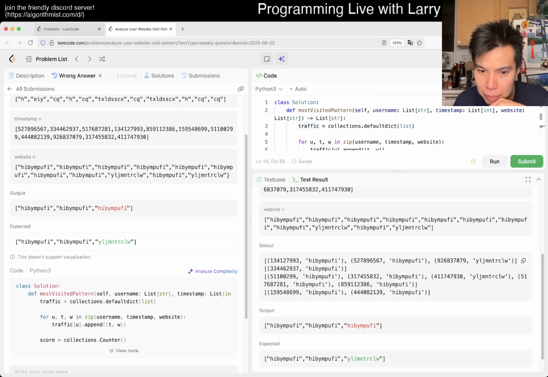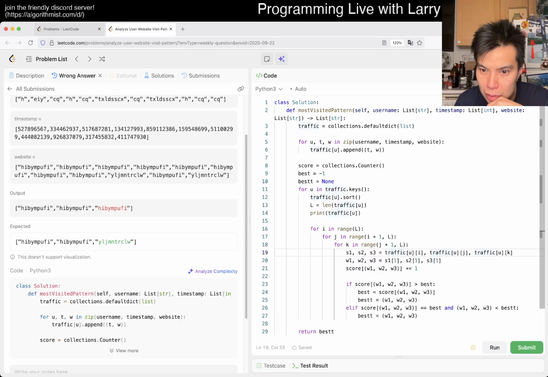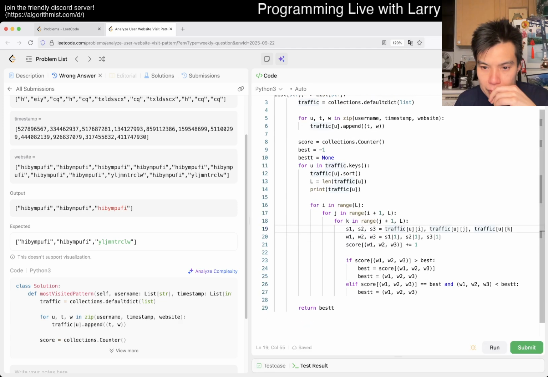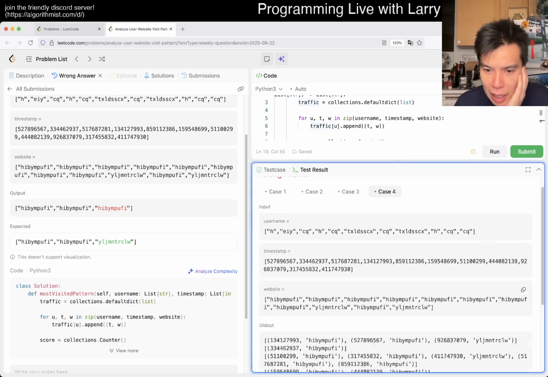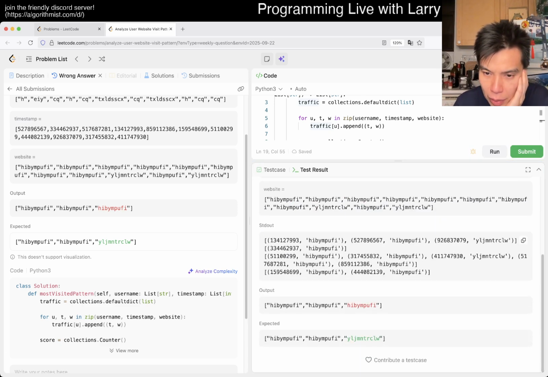Why isn't this better? What? I mean, I know that I'm doing this kind of inefficiently, but I'm curious why this isn't better though.